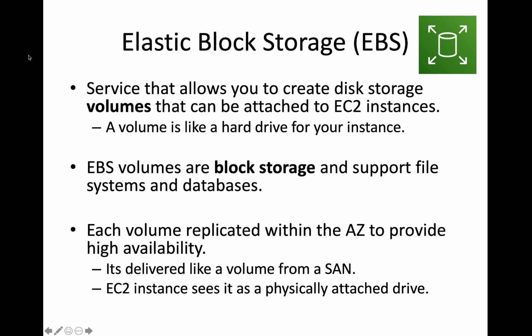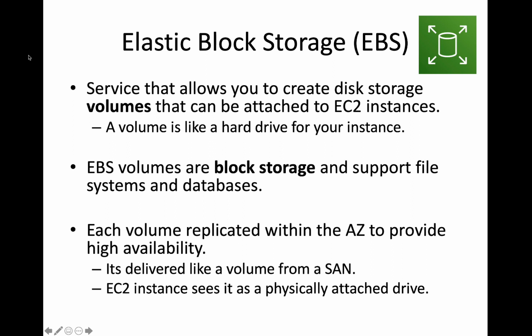When I launch an EC2 instance, that EC2 instance is going to use the AMI. You can use this template to install an operating system, applications, and configuration. But where is it going to install that stuff to? Well, it installs the operating system and the data to something called the Elastic Block Storage, or EBS. Elastic Block Storage is network addressable storage that is attached to our virtual server.